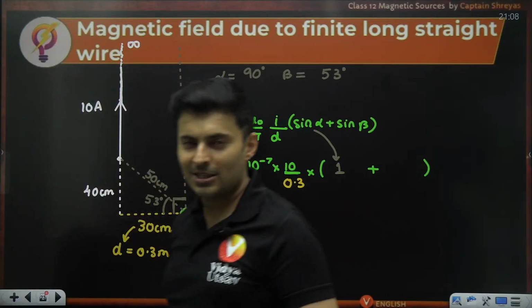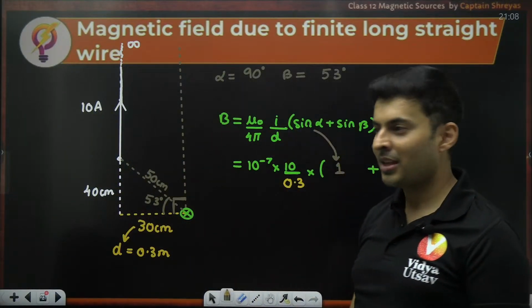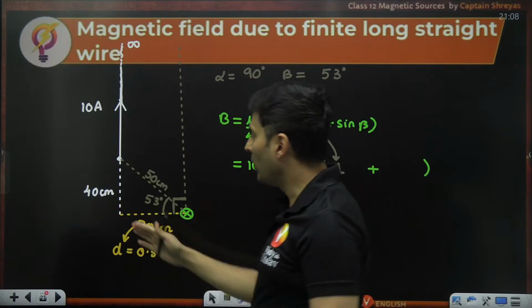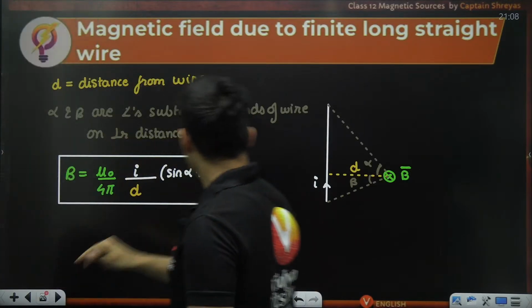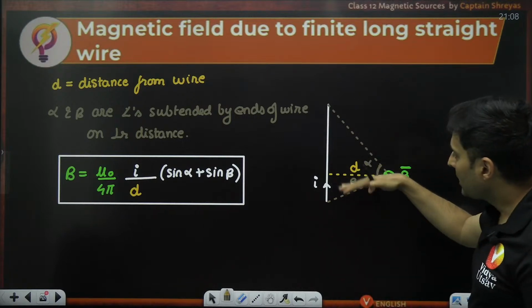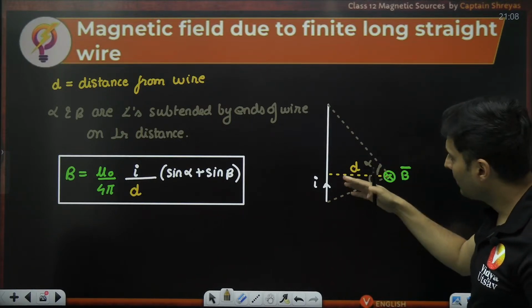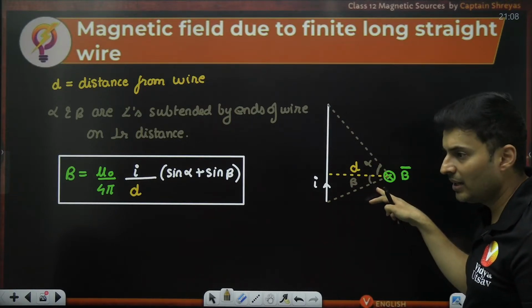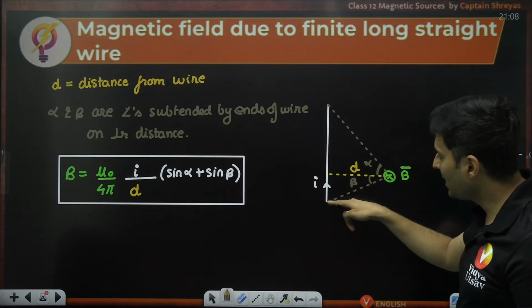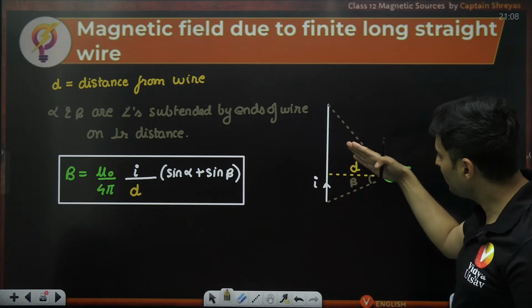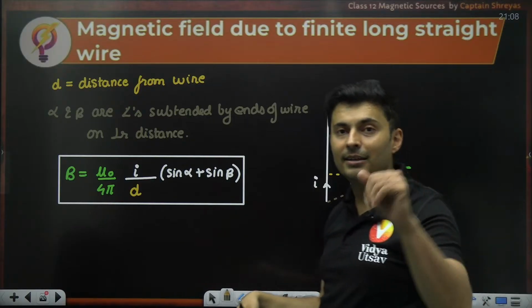But that is the catch. Beta is not 53. Can you guess why? Because of the formula I gave you over here, when beta is on the other side of alpha, that's how you measure the angle beta. Alpha is on one side, beta is on the other side. But imagine this point is over here, then beta will be on this side, it will be negative.